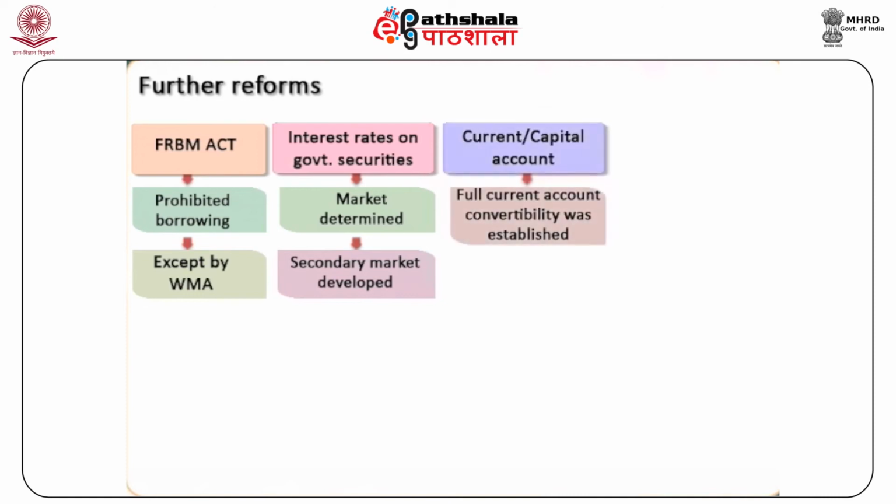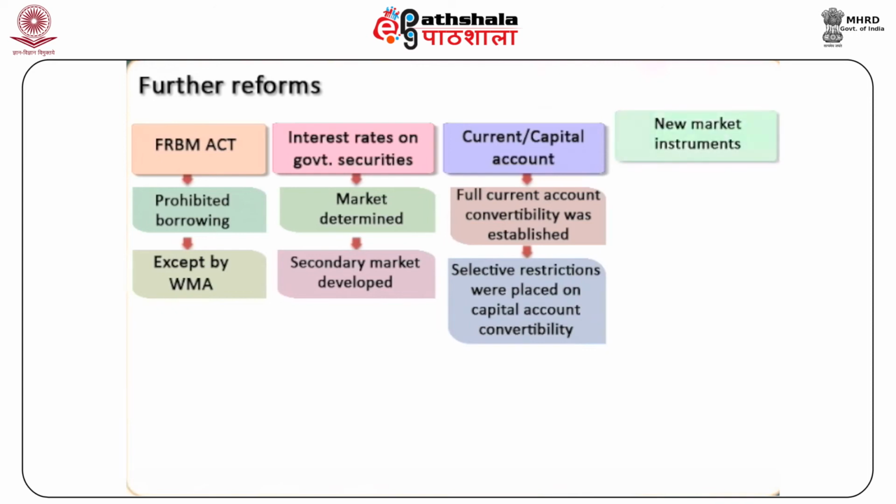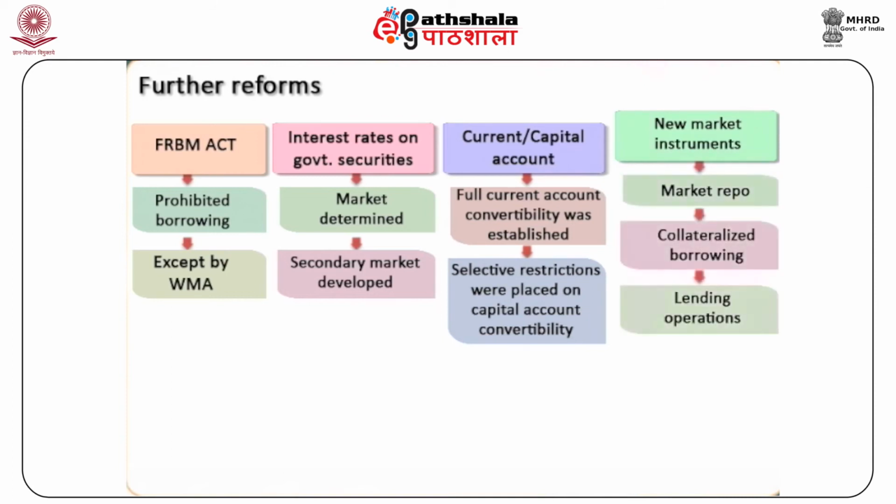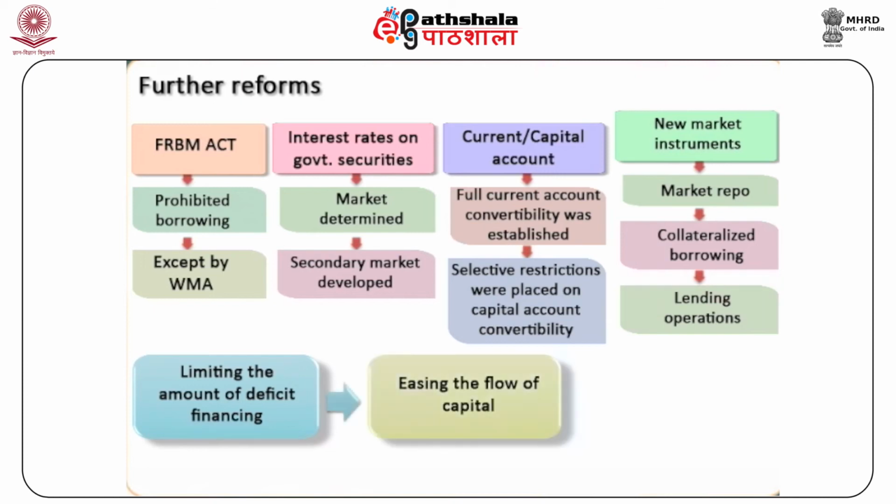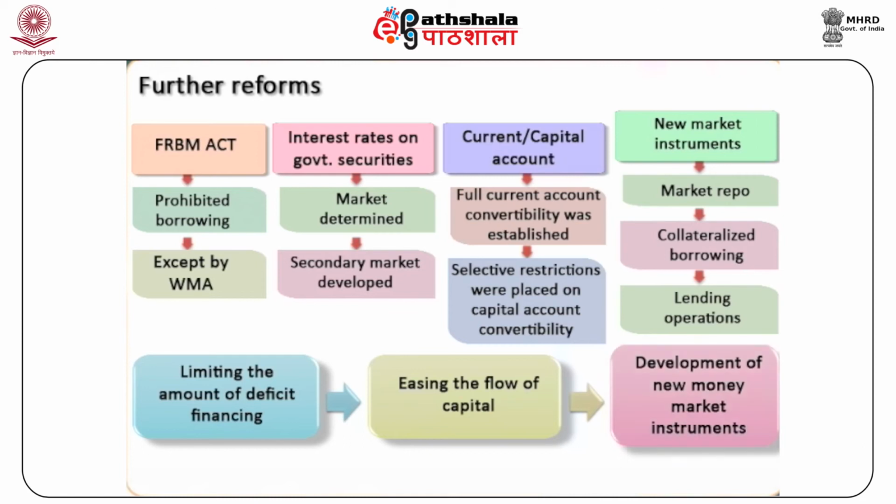Full current account convertibility was established, although selective restrictions were placed on capital account convertibility. New market instruments like market repo and collateralized borrowing and lending operations were introduced. These reforms made the RBI more independent by limiting the amount of deficit financing, easing the flow of capital in and out of the economy, and developing new money market instruments to help the banks and the corporate sector.